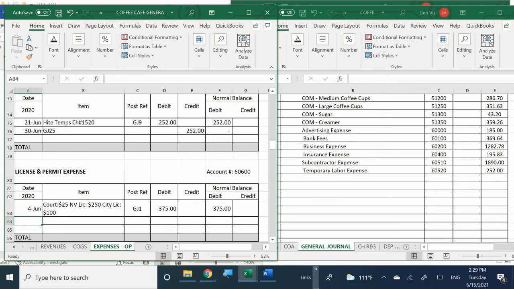Next is license and permit, for a credit of $375.